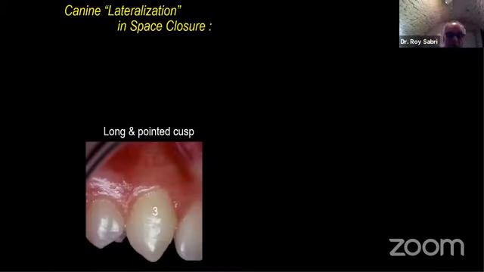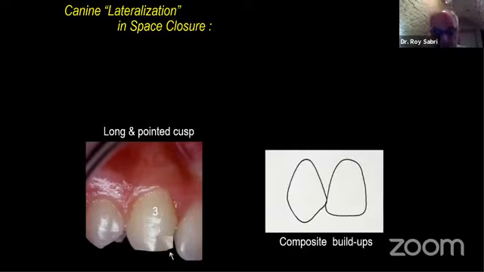Now, sometimes you have very pointed canine. In these cases, making it flat, you're going to trim too much. Then you have to use what we call composite corners. But here the trick is to add composites, and this is what I tell to dentists. Sometimes I do it myself.